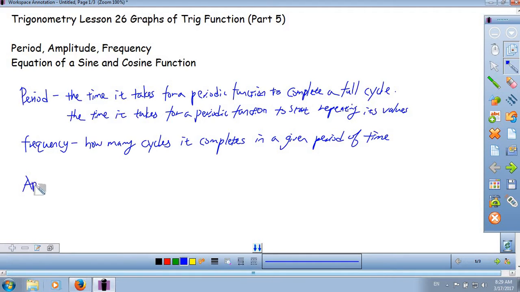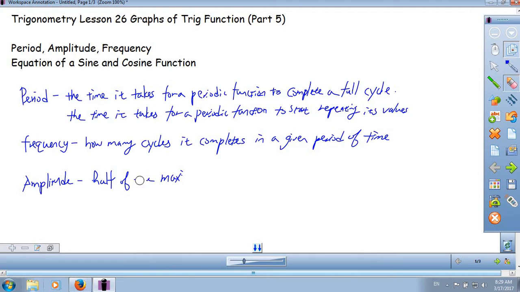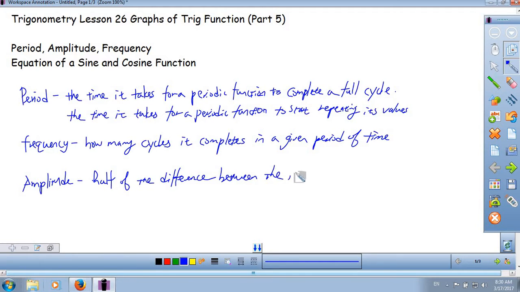And amplitude, believe it or not, is also very much involved in waves. So when we talk about amplitude, we're talking about half of the difference between the maximum and minimum value of the function.